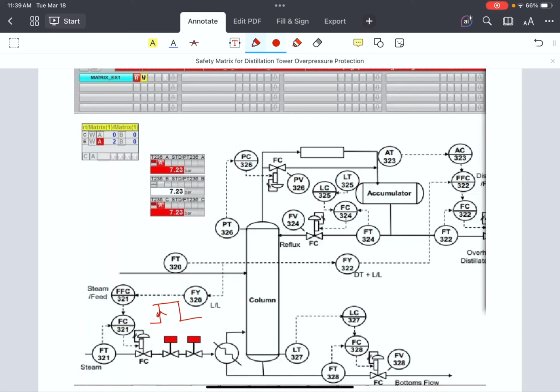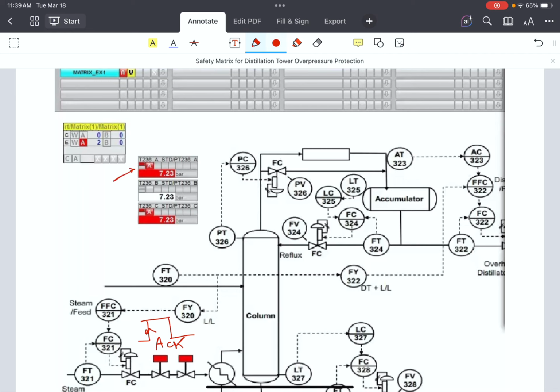The operator has, in some cases, a physical button in the control room or on the panel on the side, or a button on the HMI, to acknowledge that overpressure happened, everything is cleared, and transmitters are in normal range.